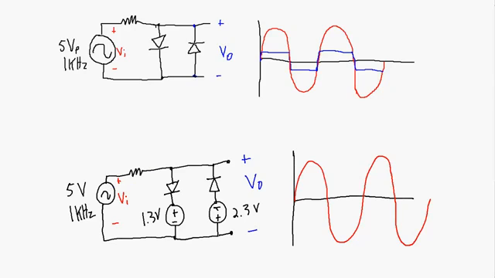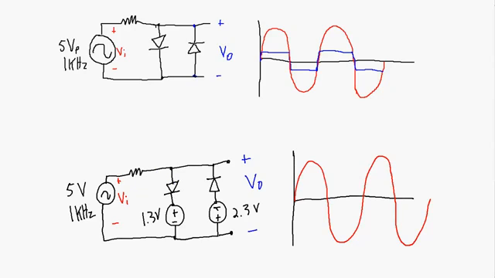Well, in order for this particular diode to become forward biased, we need to have 0.7 volts across it. But we also have this offset of 1.3 volts. So relative to the ground point, or the 0-volt reference from this sinusoidal input, we're going to need to be 0.7 volts above 1.3 volts. We're going to actually need to be at 2 volts before this diode right here becomes forward biased.